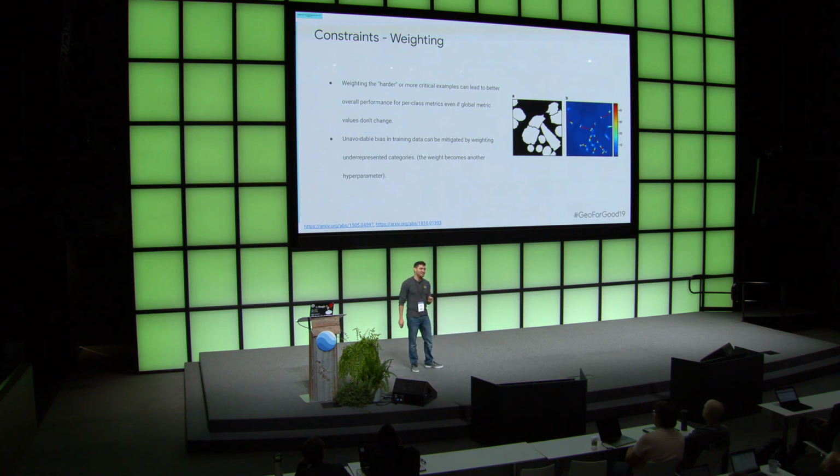But I do know that they wanted to predict the edges really well because it was quite easy to predict the interiors of these, we'll say, cells. I unfortunately don't remember what the paper was concerning. And so they weighted the loss at the edges of these objects they were trying to find and increased performance where it really mattered because it was already easy for the model to predict the interior. So weighting on a label basis, a per pixel basis, is almost a free way to improve performance if you have a loss function that you can control yourself.